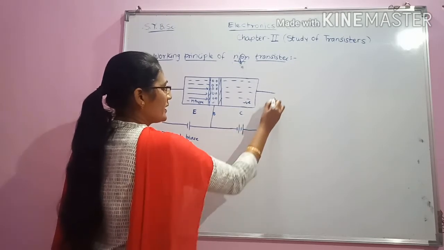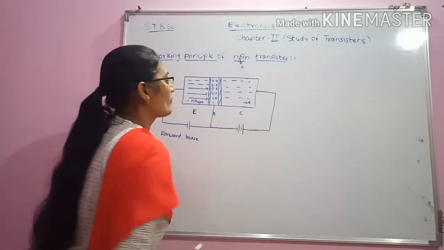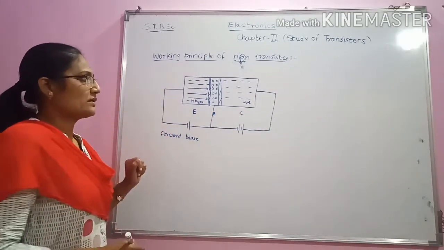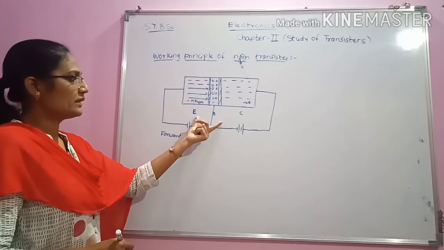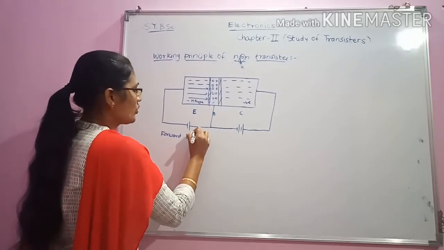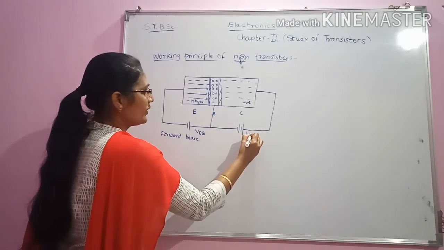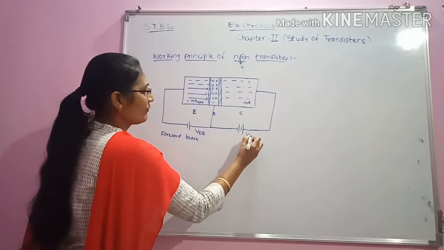Positive of battery is connected to the collector of the transistor, and this battery is called as VEB, and this is called as VBC or VCB.